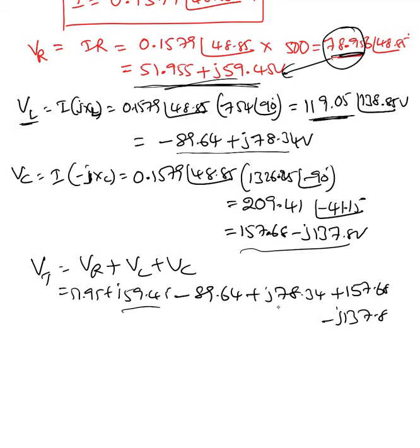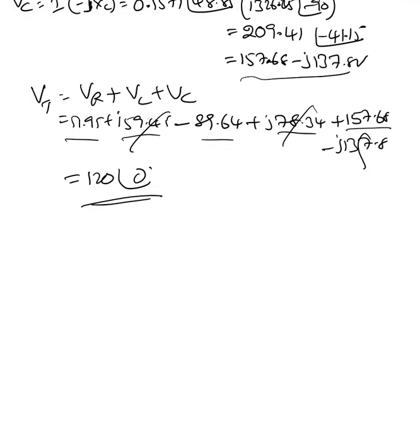So the 59 plus 78 must cancel out with this, and 51 minus 89 plus 157, we will end up with 120 at an angle of 0. That's the total voltage. Now I'm going to draw the vector diagram.